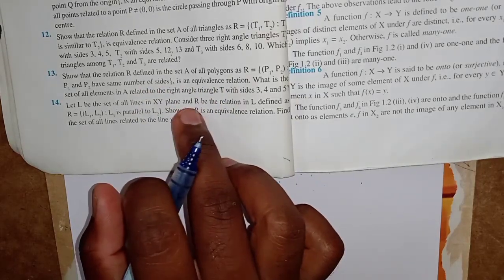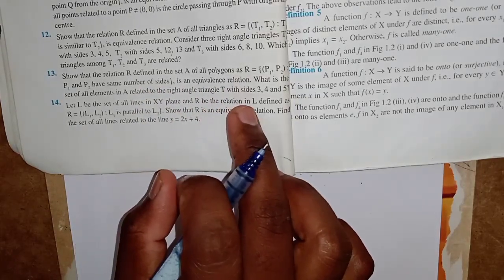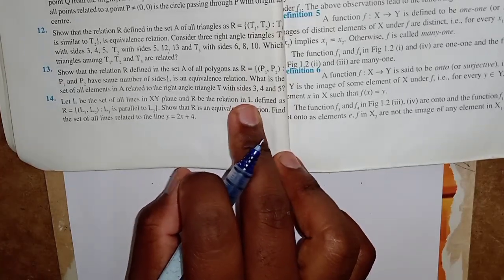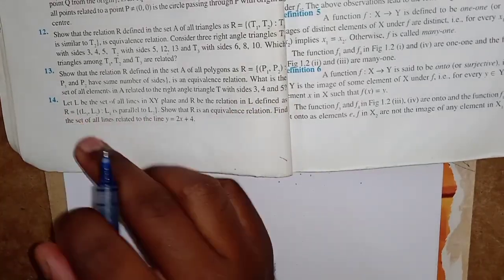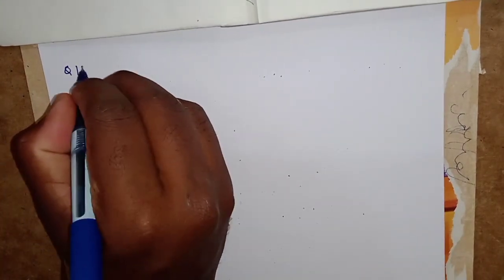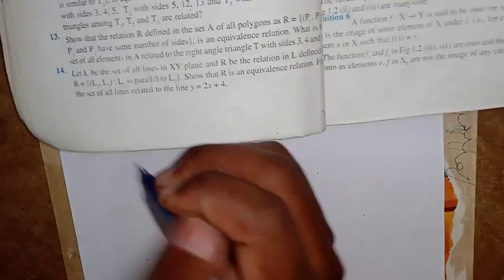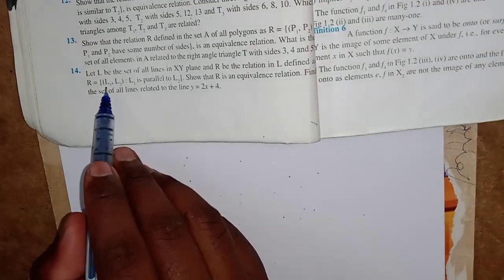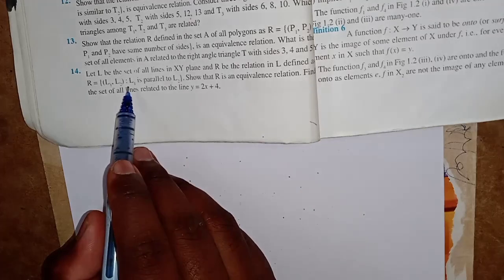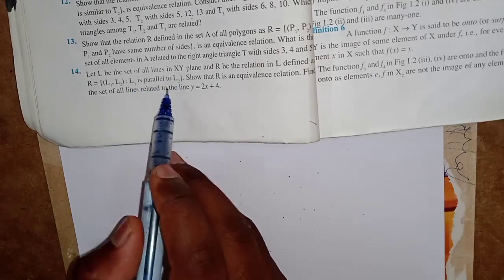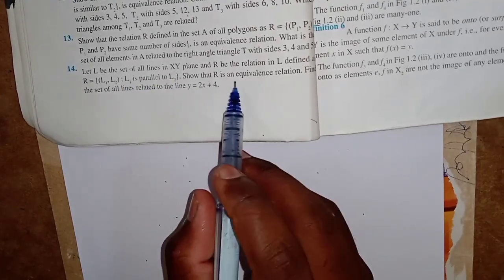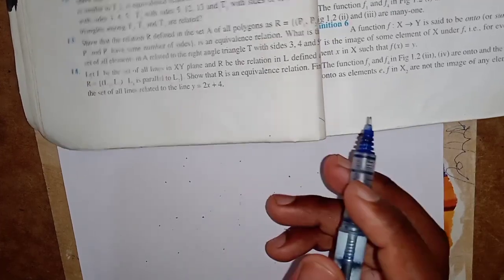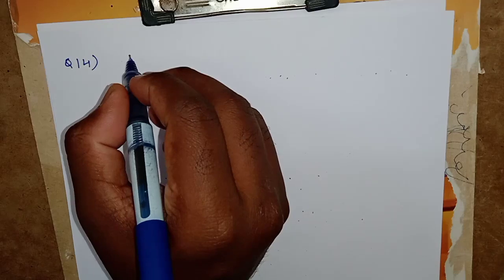And R be the relation in L defined as R equal to the set of L1, L2 such that L1 is parallel to L2. Show that R is an equivalence relation. You have to show that it is an equivalence relation.